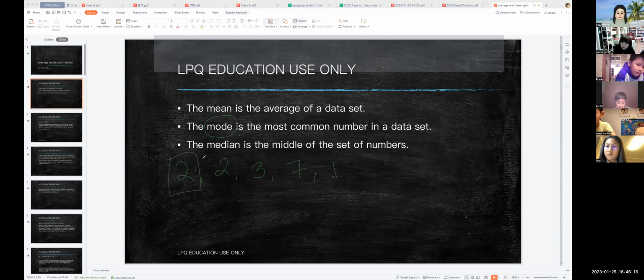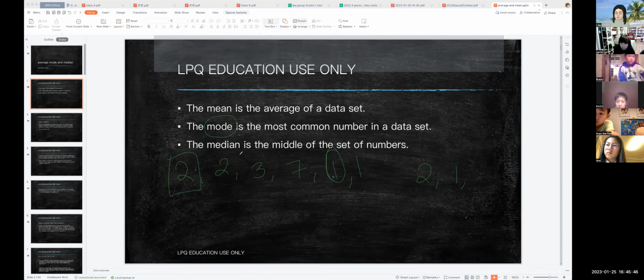If I have the numbers 2, 2, 3, 7, 1, 1, who can tell me the mode? 2 appears 2 times, 3 appears once, and 1 appears 2 times. So the modes are 1 and 2. Get it, Ava? We can have 2 modes for these questions.